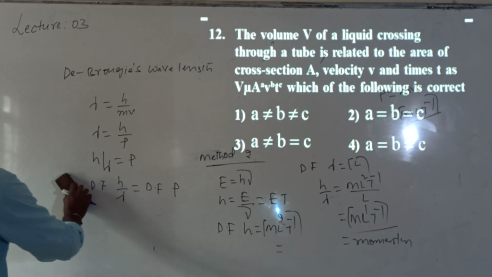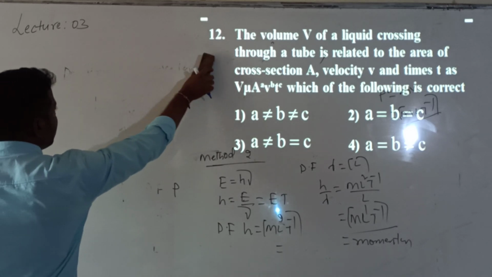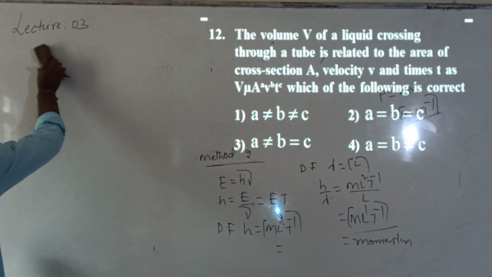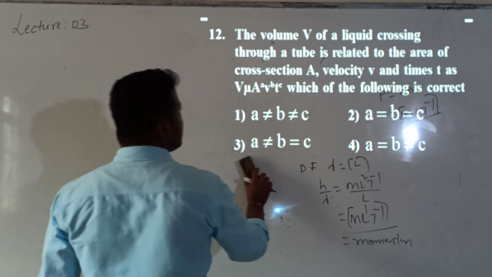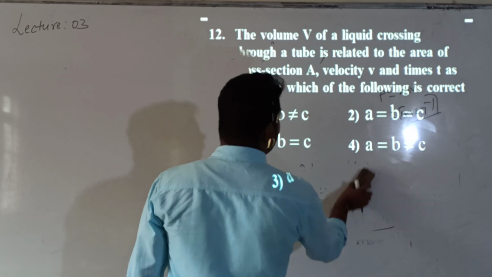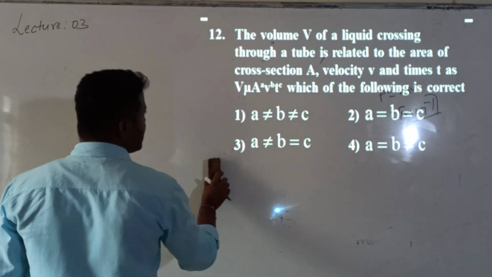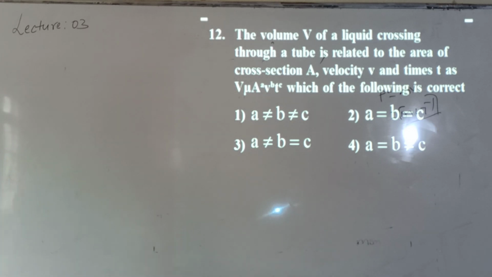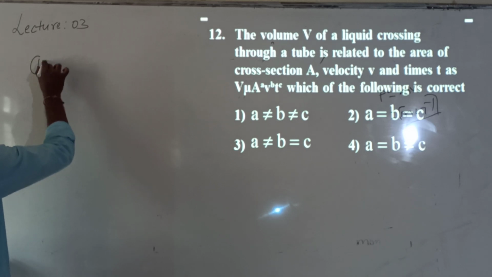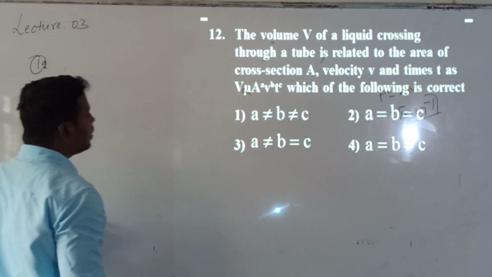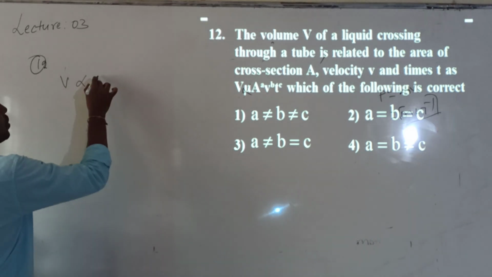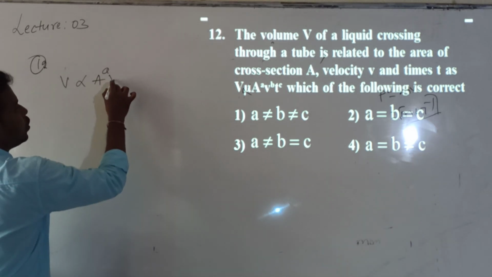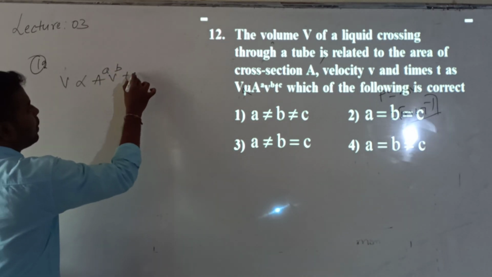Next, question number 12. The volume V of a liquid passing through a tube is related to the area of cross section, velocity and time as, there is a printing mistake here. V is directly proportional to A power a into v power b into T power c.